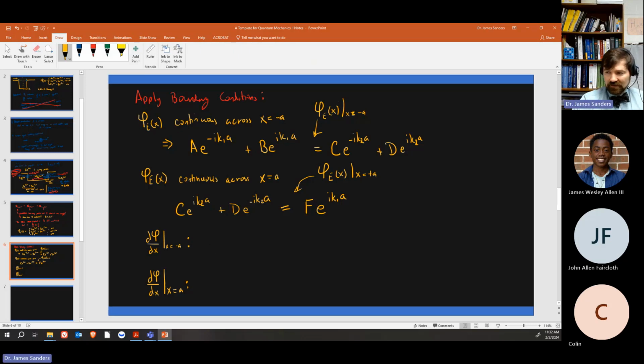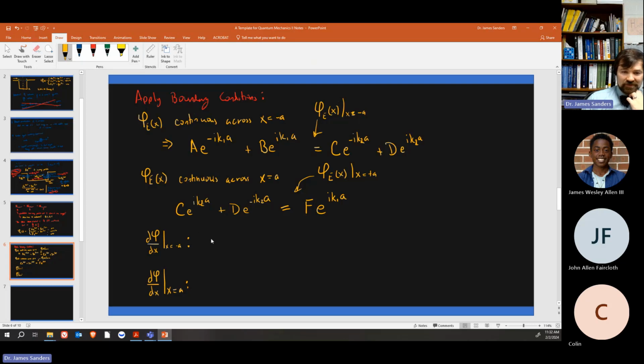Okay, the derivatives. Well, you're taking a bunch of derivatives of exponents. Those are fairly simple, although because you're writing a lot of them down, there's plenty of space to screw up algebra.